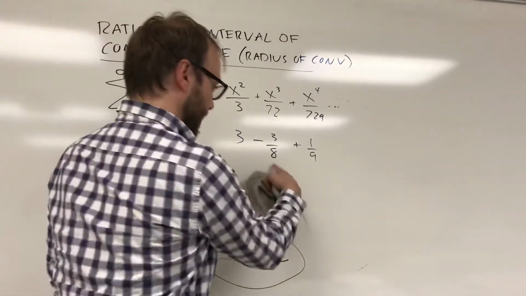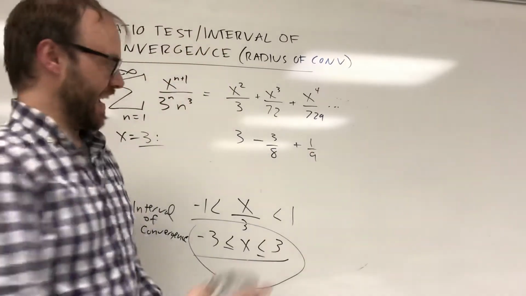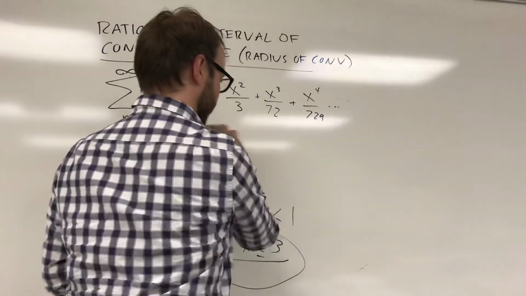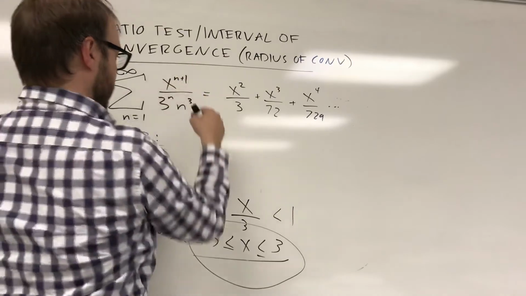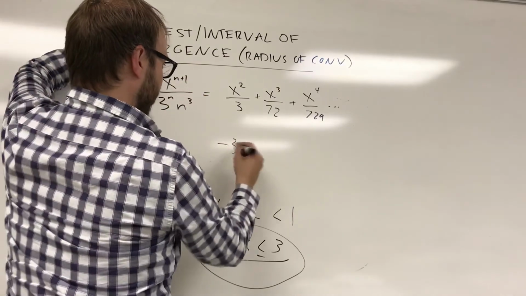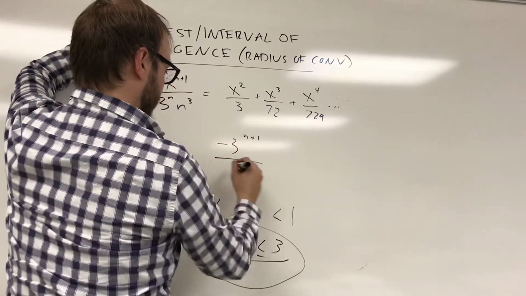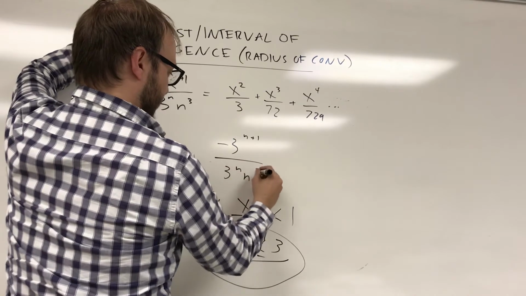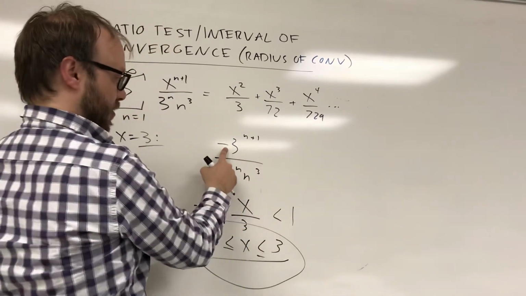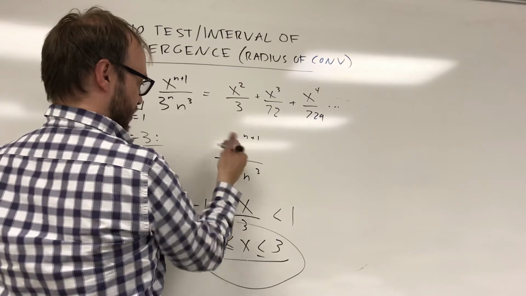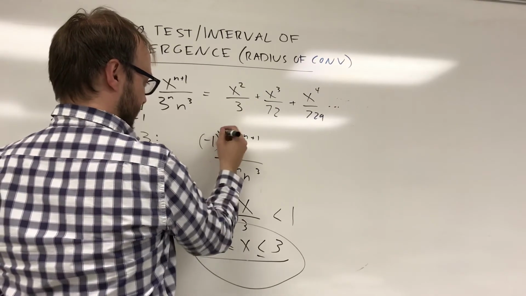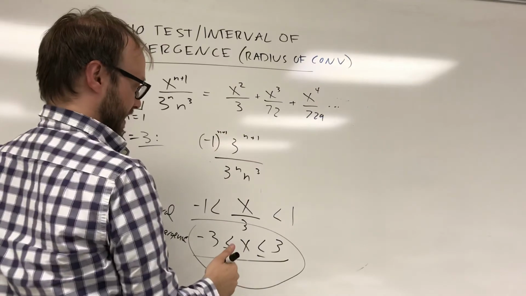Once again, you might be able to pretty easily see that. Again, it might not be real clear what the pattern is and if it's really going to decrease to 0. So you can also substitute -3 back in up here. You would have -3 to the n plus 1 over 3 to the n times n cubed. -3 is the same thing as -1 times 3. So you could write that as -1 to the n plus 1 times 3 to the n plus 1.